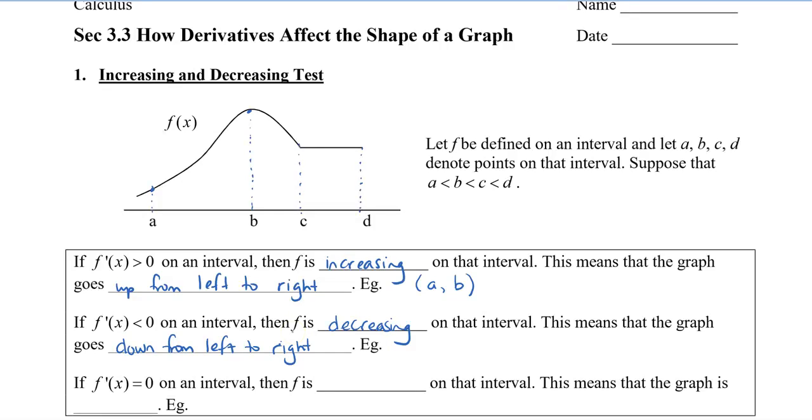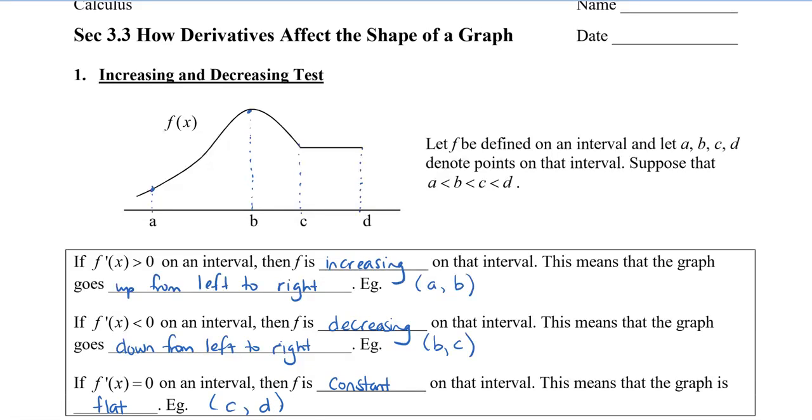Okay, finally, if f prime of x is equal to 0 on the interval, saying that this time our slope equals 0, then we say that f is constant on that interval, and this means that the graph is flat. So when it has a negative slope, that would be from b to c. I forgot the example. And then an example of where it's flat would be from c to d.